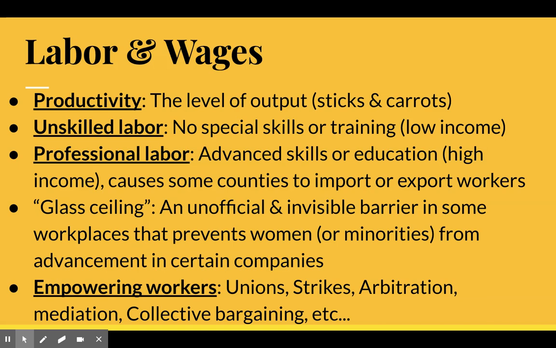The boss says we can't afford to pay more, and we pull the books and we say, well, maybe you can. I mean, you're making $500,000 a year, and your workers are making $12,000 per year. Maybe you could cut back a little bit, and you could give them more. So there's collective bargaining.